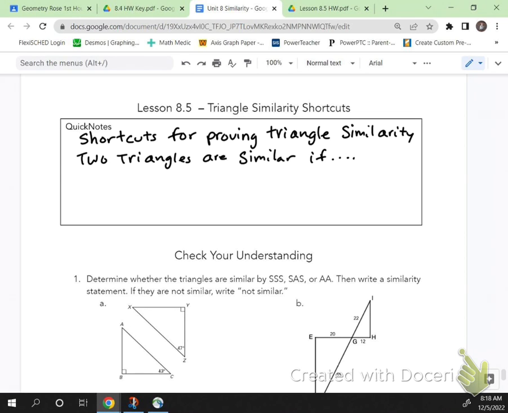Two triangles are similar if, and there's 3 scenarios. We already kind of spelled them out, didn't we? First off, all 3 sets of corresponding sides are proportional.